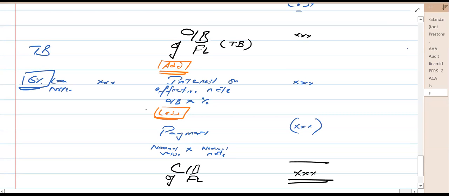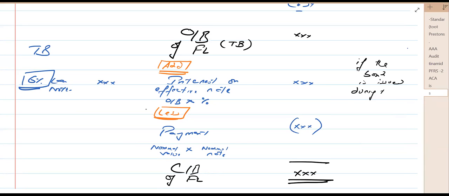Now remember, if the bond or loan notes, whatever you call it, is issued during the year, then you need to multiply by months over 12 because the interest is for the year.